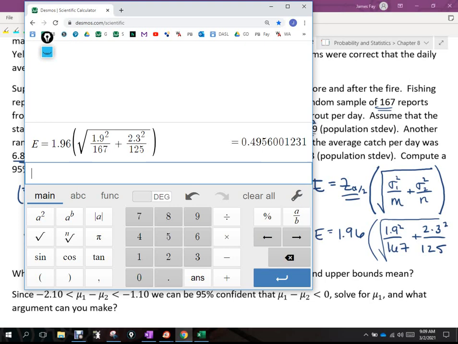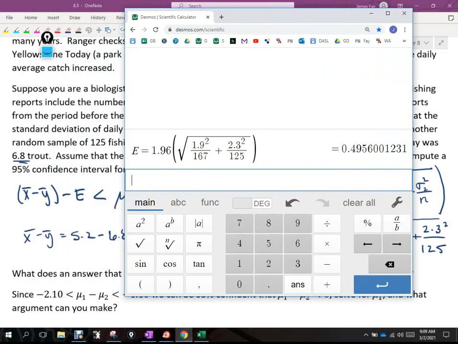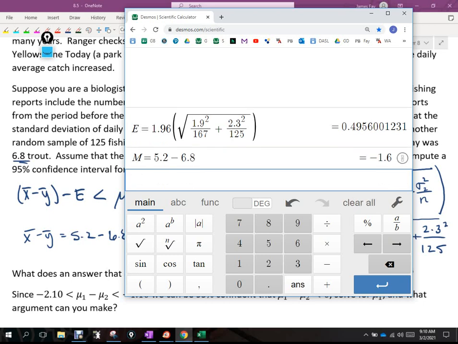Okay. Now I want X bar minus Y bar. So I'm just going to call this M for mean. I wish I could say, like, they won't let me use two letters to abbreviate things or to define variables. So I'll use M here. So 5.2 minus 6.8. Okay.